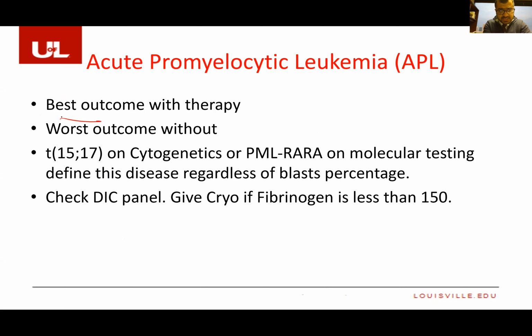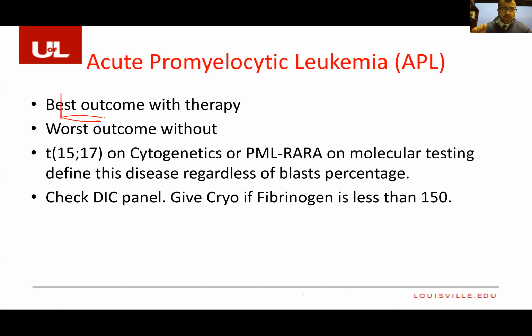APL has the best outcome when treated. At the same time, APL has the worst outcome without treatment. Those people die very quickly if you don't identify this illness and treat it. Generally speaking, we use all-trans retinoic acid when we suspect it, not even when we know that it is.